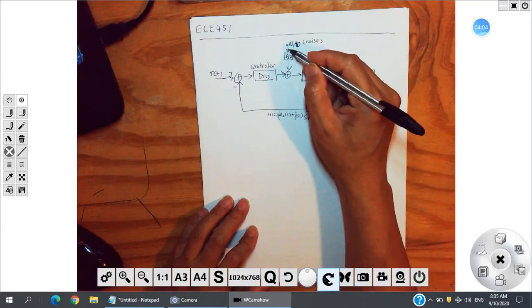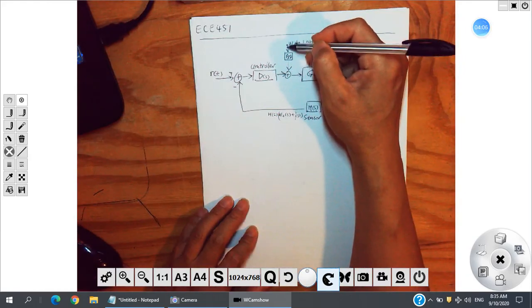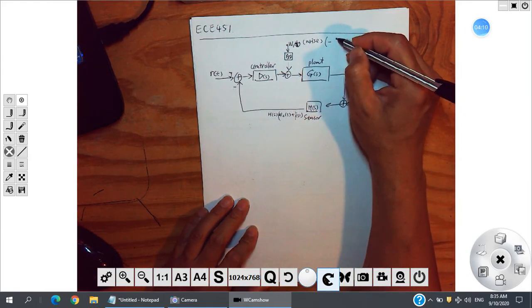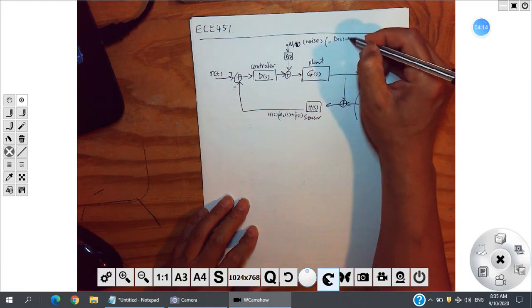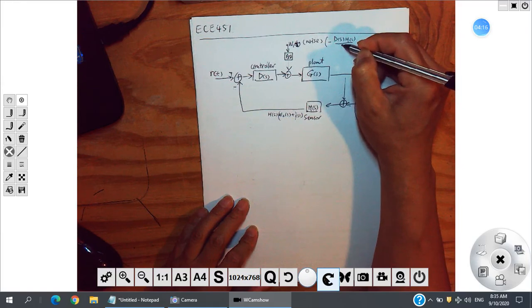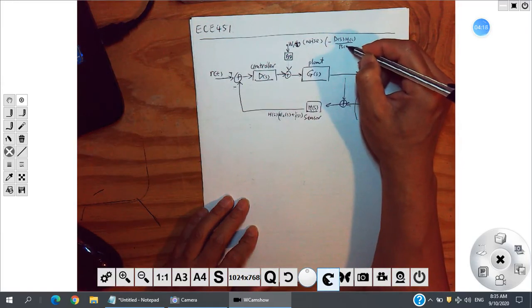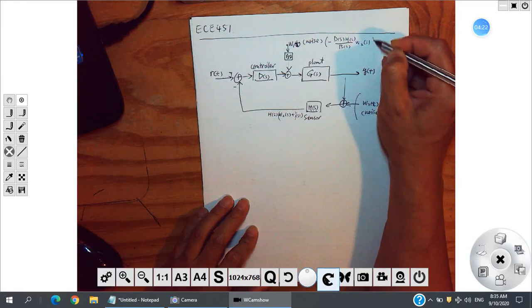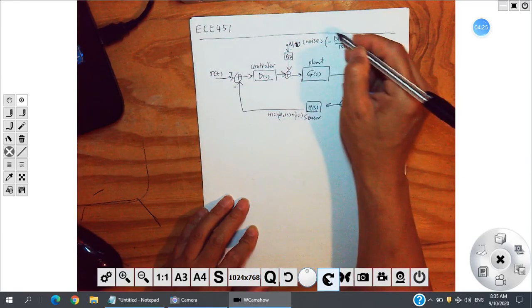And if you consider W2 as coming from here, you can think this is a minus D of S, H of S over B of S times W2. You think this one together with W1 goes to here.